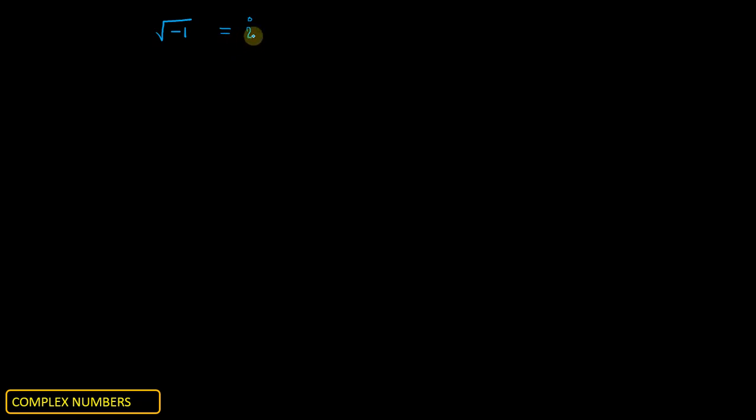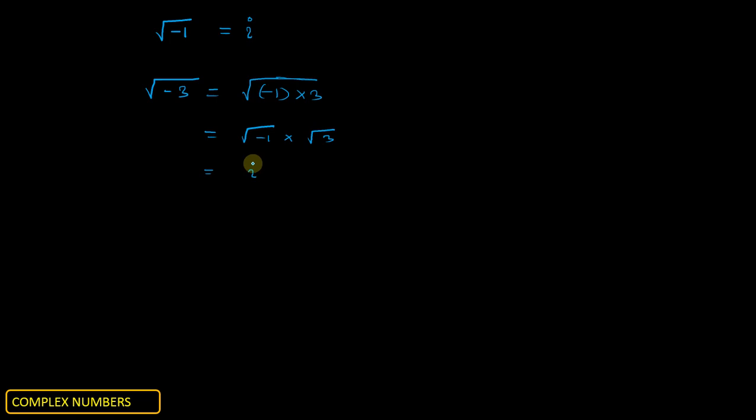Iota. Then how can this help in writing the square root of any negative number, like the square root of -3? We can write it as the square root of -1 multiplied by 3. So we can write it as the square root of -1 multiplied by the square root of 3, and the square root of -1 is what?